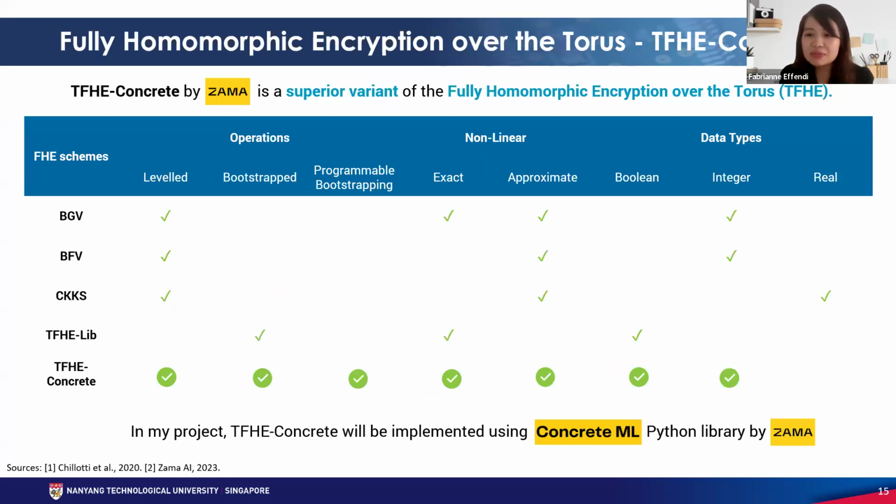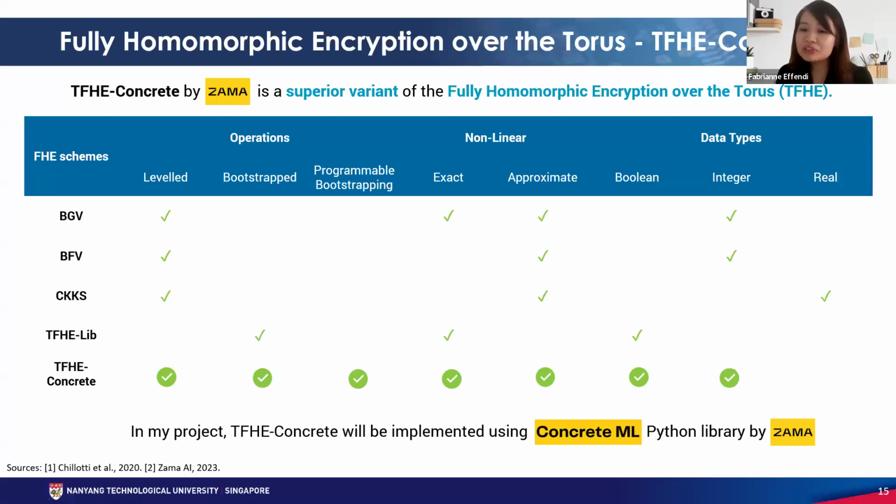With many FHE schemes available for my final year project, I focused on TFHE Concrete, where TFHE stands for Fully Homomorphic Encryption over the torus. TFHE Concrete was developed by Chillotti et al. and Zama, and is the most comprehensive scheme.